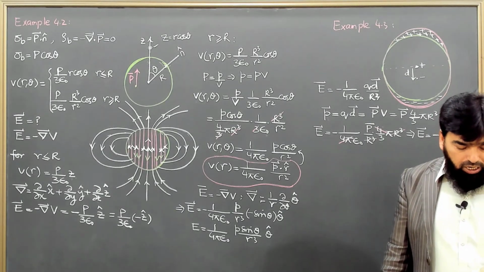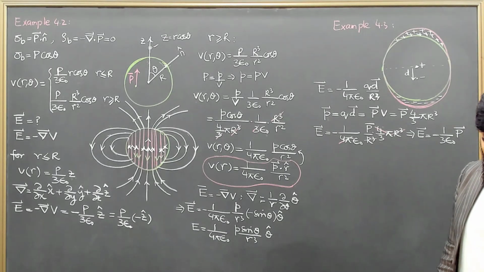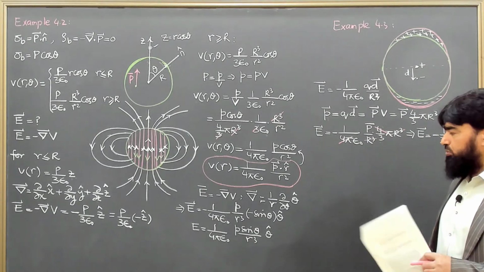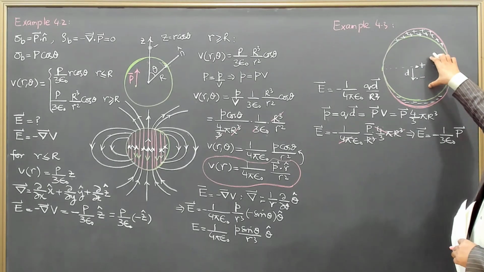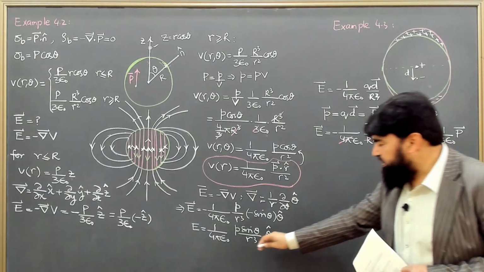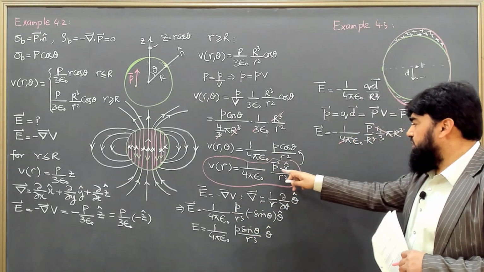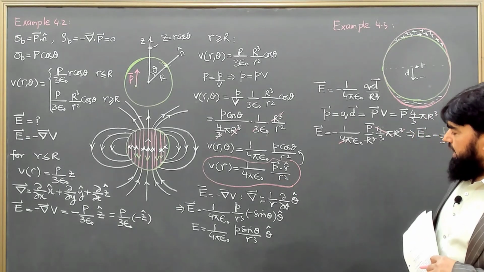Meanwhile, for points outside, it is as though all the charge on each sphere were concentrated at the respective center. We then have a perfect dipole, and the perfect dipole potential will be the same as we have written here, 1 over 4 pi epsilon naught p dot r hat over r squared.